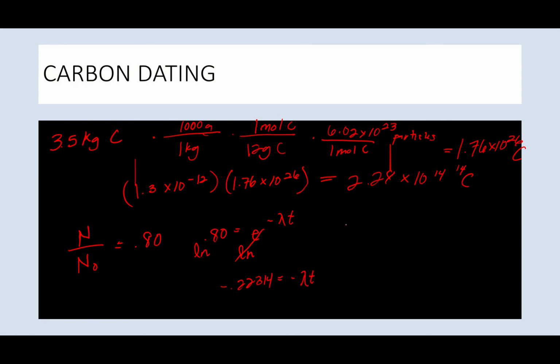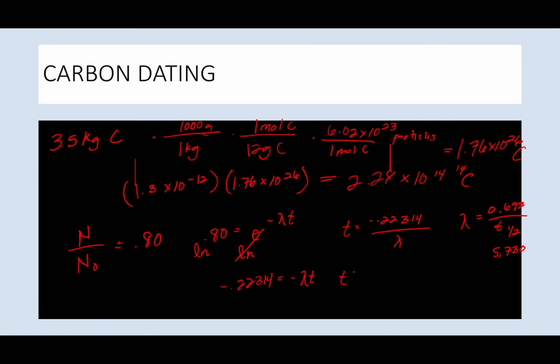So if we solve this for t, then we get t equals negative 0.22314 over lambda. And I showed you what lambda is at the start of the video as well, which is equal to 0.693 over half-life. Now we know what the half-life of carbon-14 is, and that half-life is equal to 5,730 years.